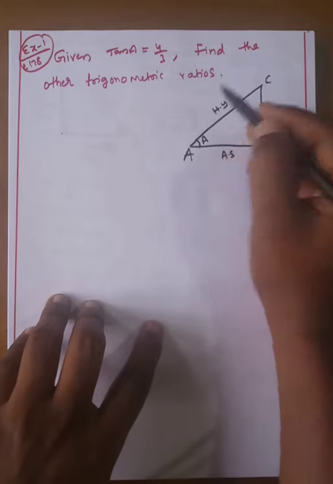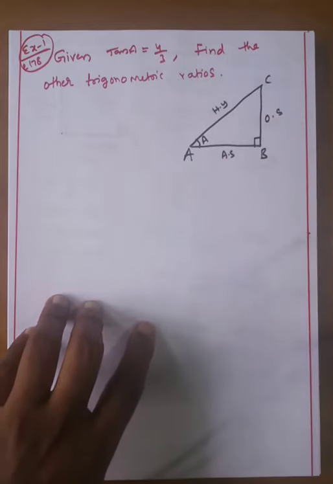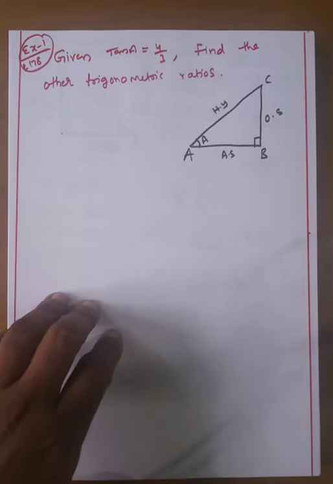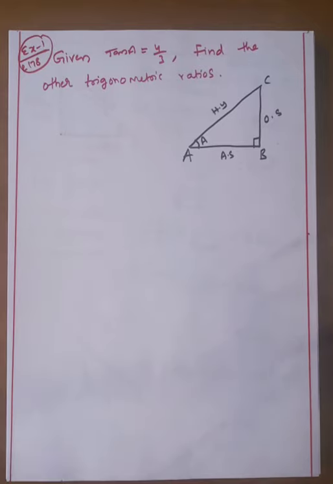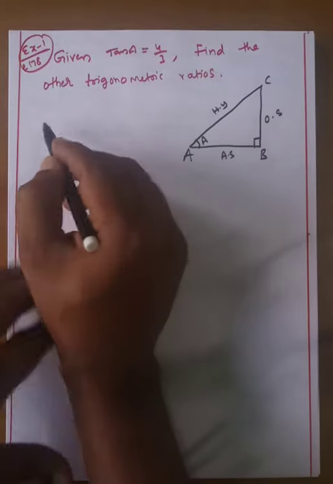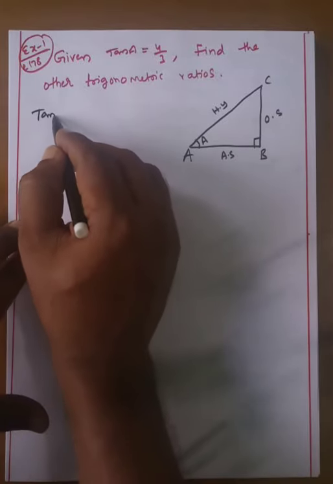First you write what is given, my dear students. Given tan A. What is the formula of tan A? Opposite side by hypotenuse. Sorry, opposite side by adjacent side. What is given means tan A is given.